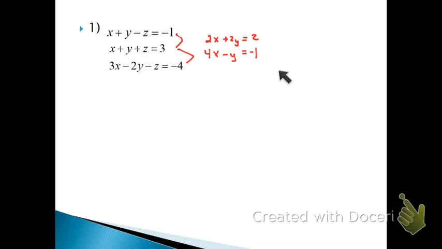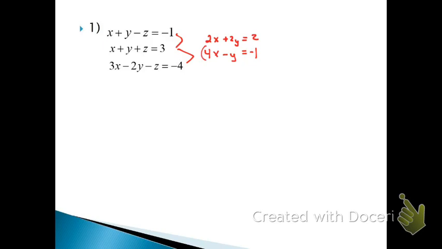And now we've got it down to two equations of two variables. This is exactly like what you've been doing. We're going to see if we can eliminate either x or y. Since this one's positive and this one's negative, it makes the most sense to eliminate y. In order to do that, what would I multiply the bottom equation by? 2.